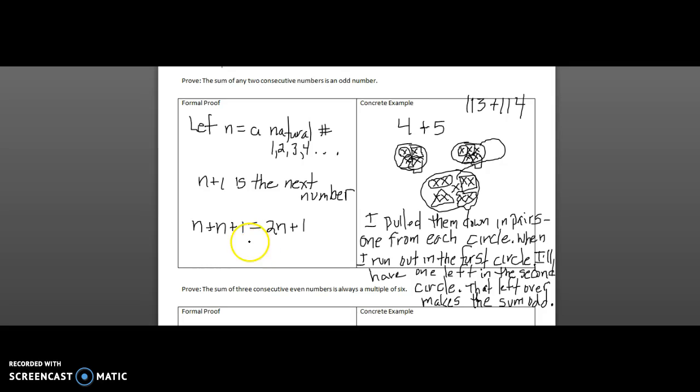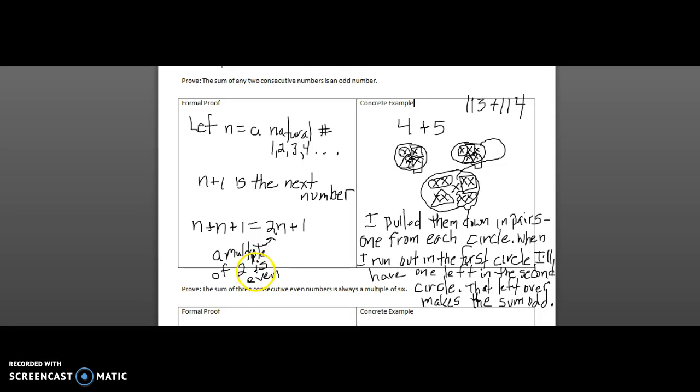All right, so now I need to convince people that I know 2n plus 1 is odd. If you think about it, we know that because a multiple of 2 is even. Okay? So think of any natural number, multiply it by 2, and you always get an even number.